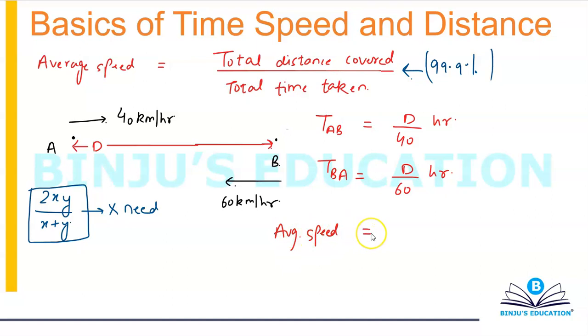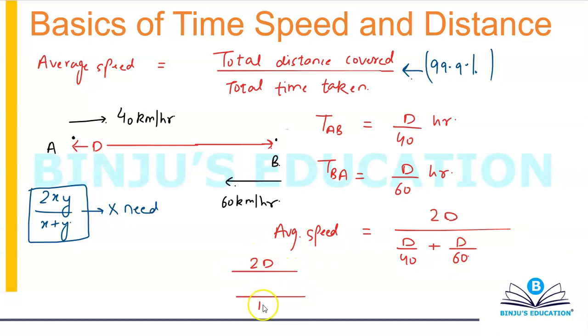Now if I want to calculate the average speed of the entire journey, that will be the total distance. Now total distance is A to B plus B to A, which is 2d, divided by d by 40 plus d by 60. Now solve this. So this will simply become 2d.